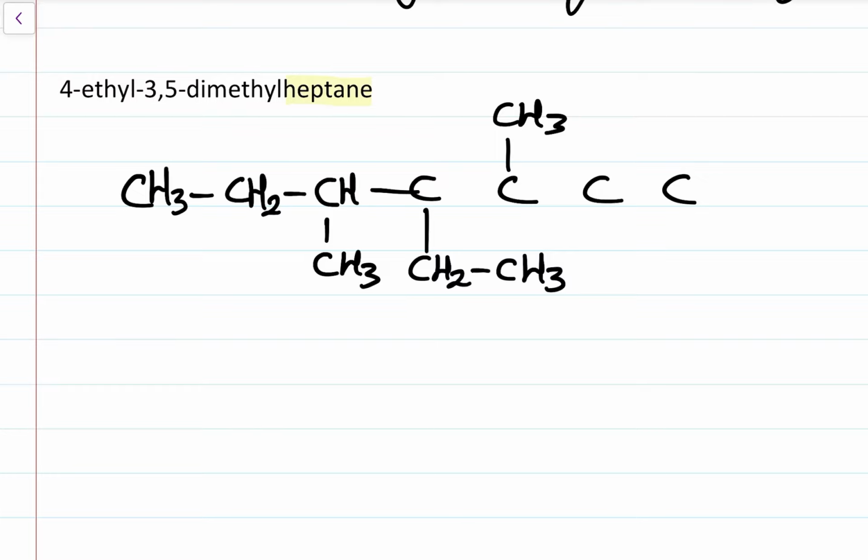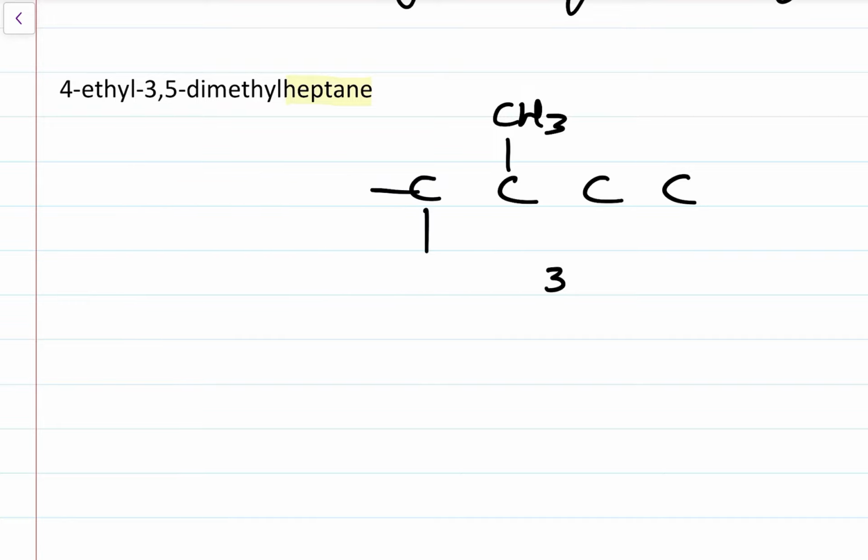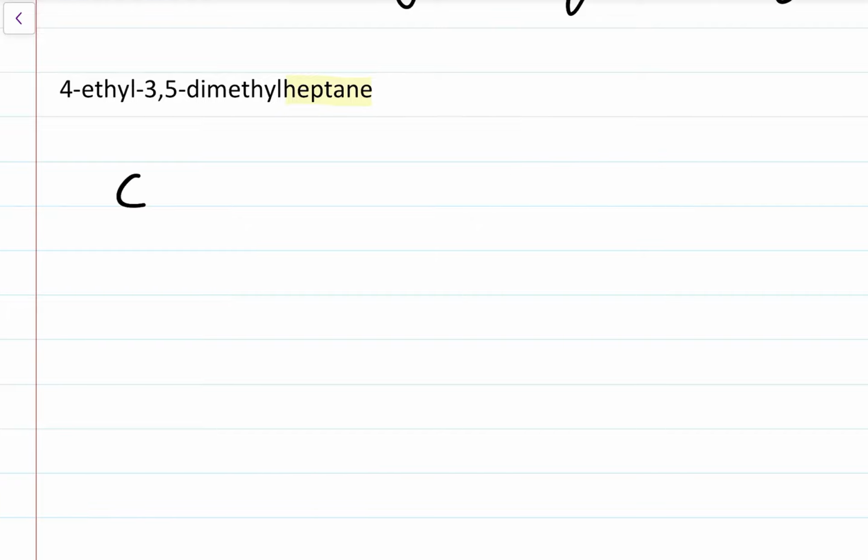Oh, and the instruction was to do the fully expanded ones. My bad. Hold up. I'll start fresh. 1, 2, 3, 4, 5, 6, 7. Here we go. All right, 3 is methyl.